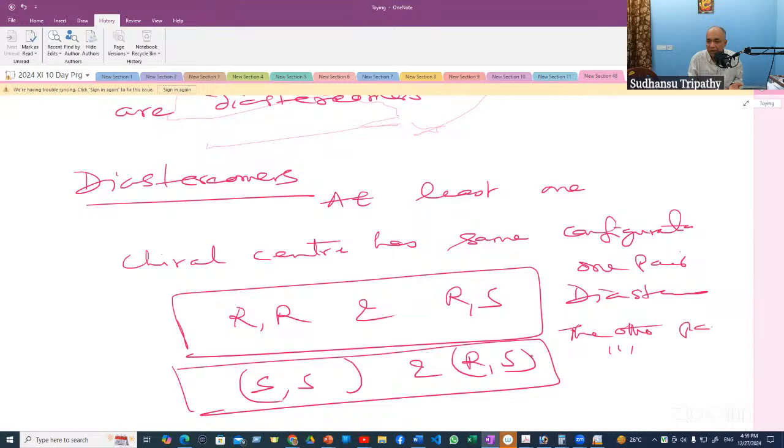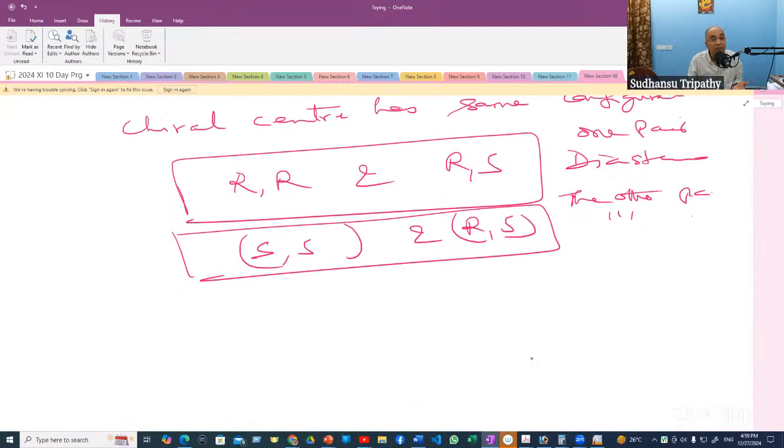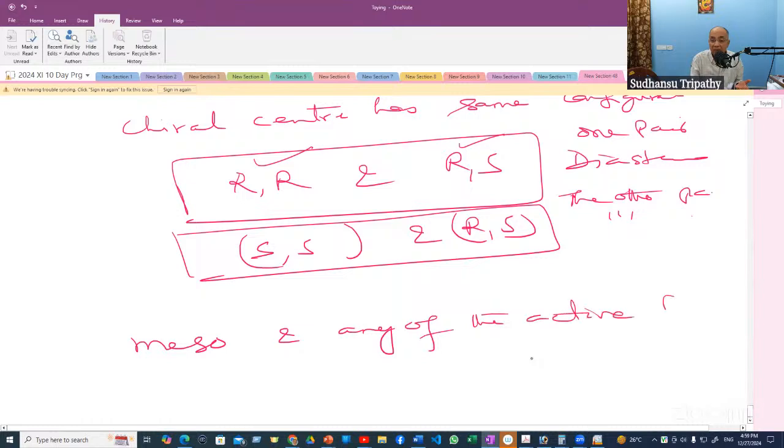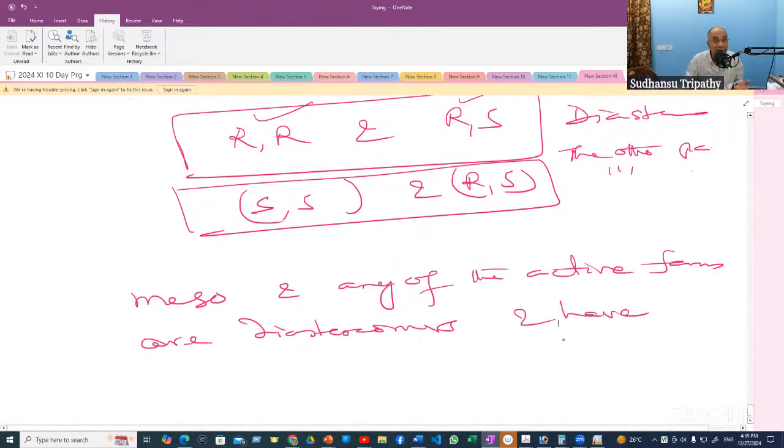This is another pair of diastereomers. And diastereomers have different physical properties. The RR and RS, meso and active. Meso and any of the active forms are diastereomers and have different physical properties, and they can be separated easily.